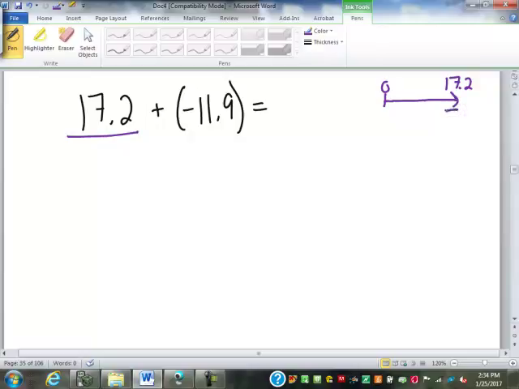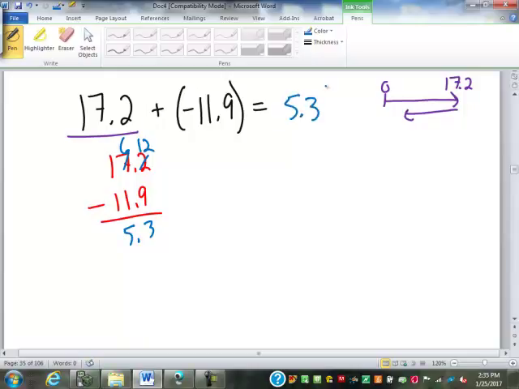Opposite, longer or shorter? Shorter. So we're going to end up on the positive side of 0. Now, do the arrows go the same direction? No, they go opposite directions. So it's going to be the difference between the values. 17.2 minus 11.9, which will give us 5.3, right? So a positive 5.3.